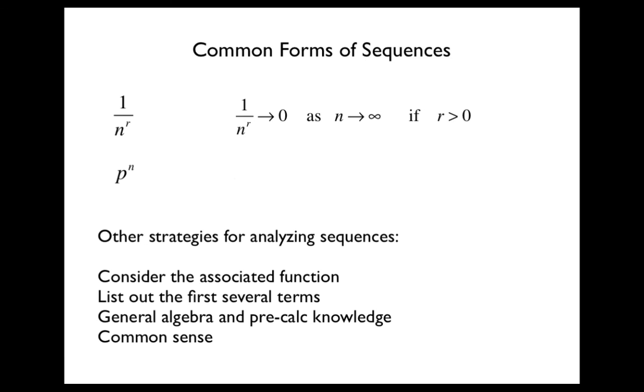So what Andre said was right. It goes to 0 as long as p is between negative 1 and 1. But there's another case where it will approach 1, if p is 1.